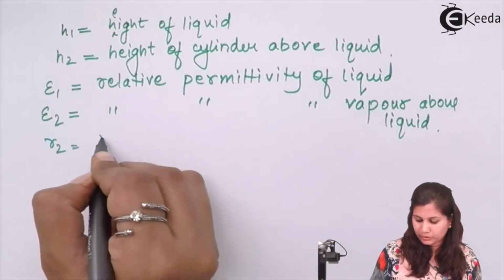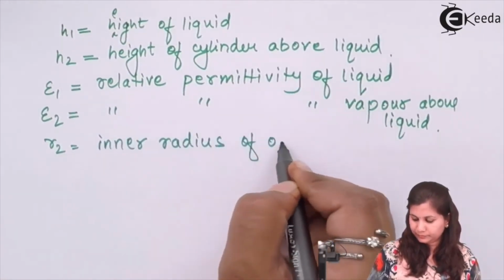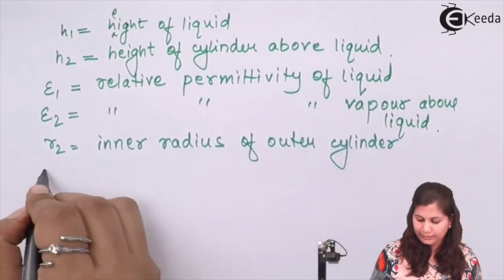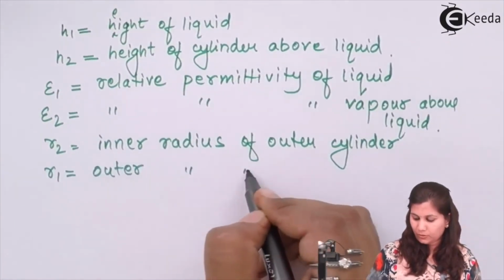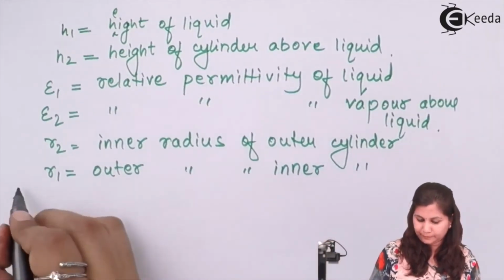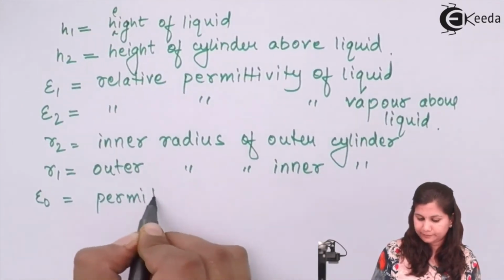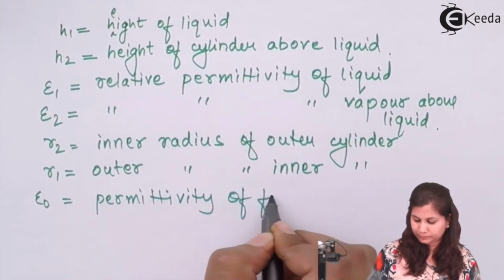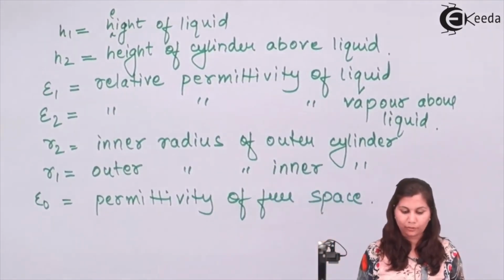R2 inner radius of outer cylinder, and R1 outer radius of inner cylinder. Epsilon naught permittivity of free space. So these are the various variables in this formula.